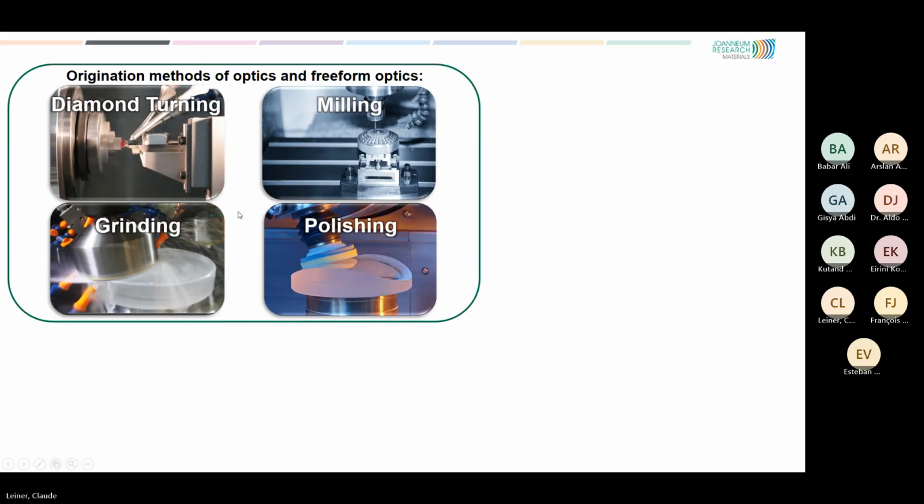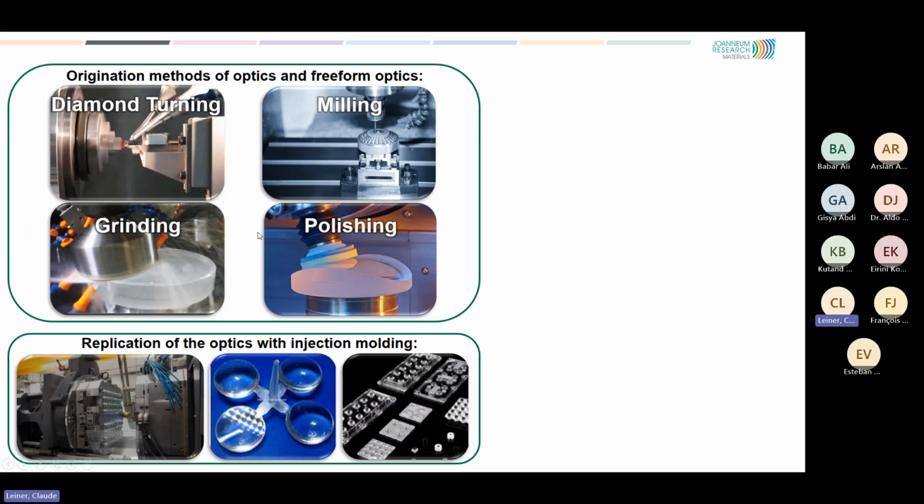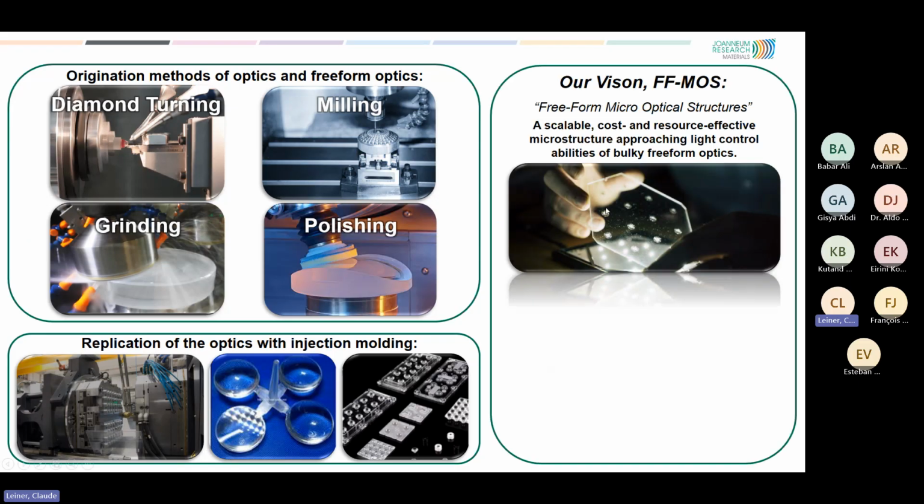My main topic is not the freeform itself. This is a really big topic around the world. What we are doing here is making flat freeform micro-optics, because the problem about freeform optics is that they are hard to manufacture. You have really sophisticated requirements on the material and manufacturing side, and then for reproduction, it may be made by injection molding, for example, but making the molds is really complicated.